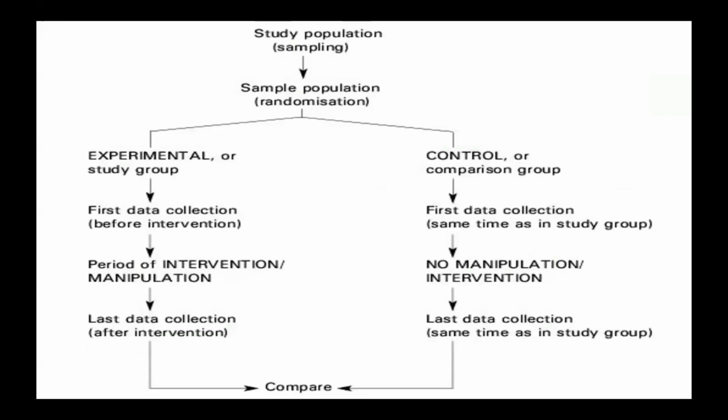So this is the chart showing the experimental group on one side and the control on the other side. A very important point: if you have 10 people in the experimental group, it does not mean you have 10 people in the control. You can get 9, you can get 11.